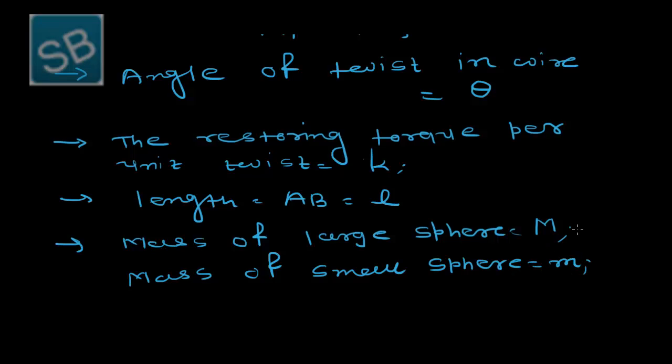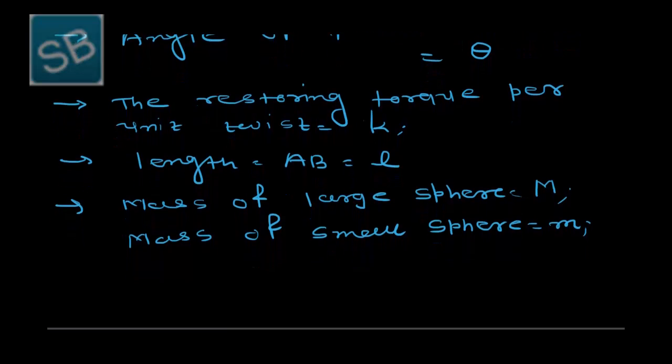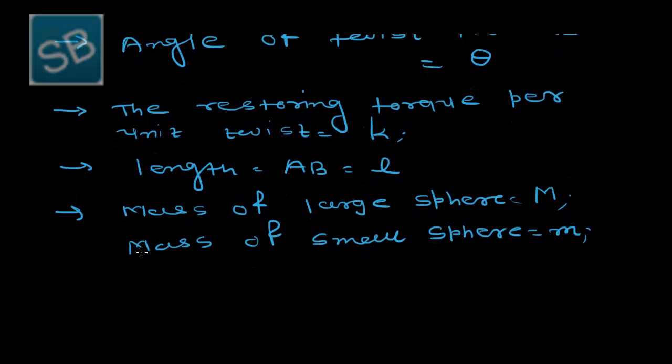And so the gravitational force on the small sphere due to the large sphere, that is F_SL, is equal to the gravitational constant G, capital M, small m over r square.